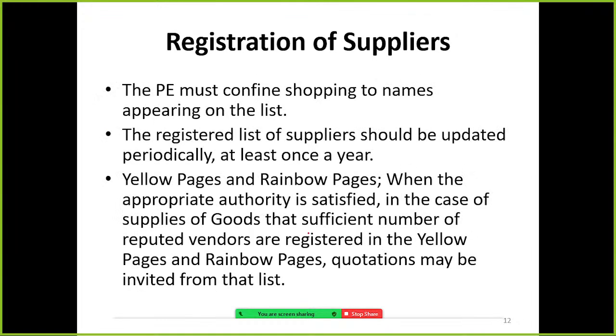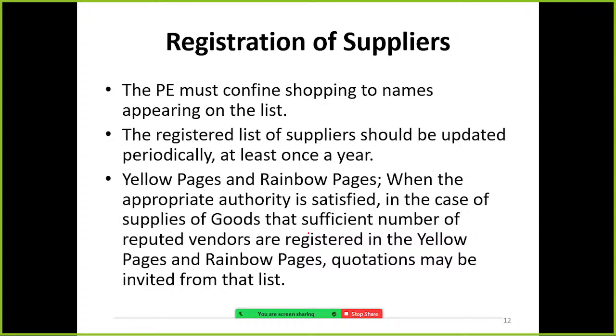So the procurement entity must confine shopping to names appearing on the list. So they have a separate list in their office, in the file. The registered list of suppliers should be updated periodically, at least once a year. Normally, public sector institutions call for registration of suppliers, and they update every year.